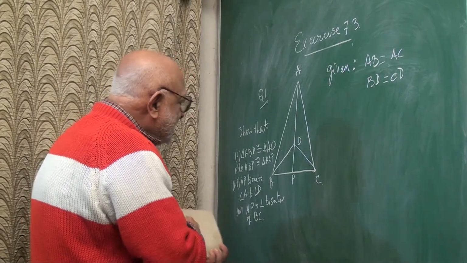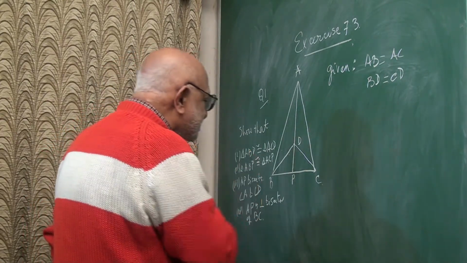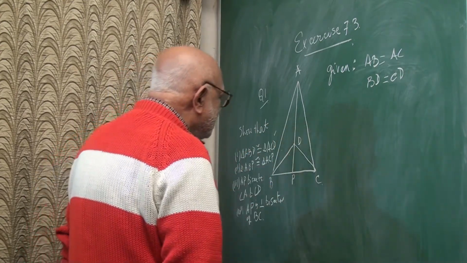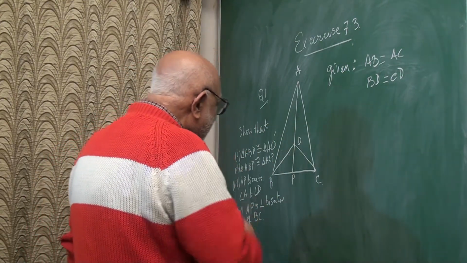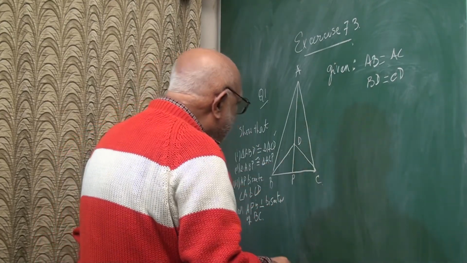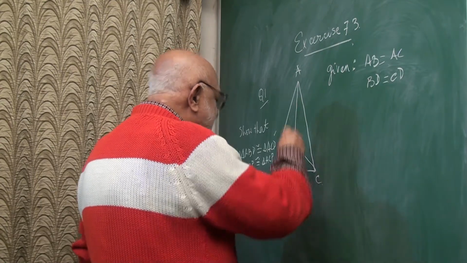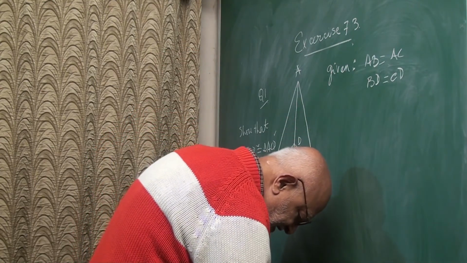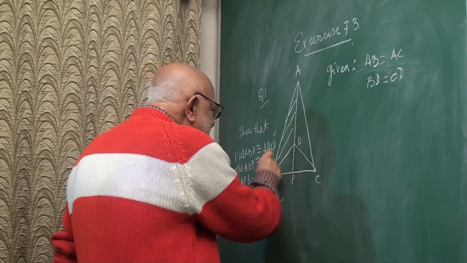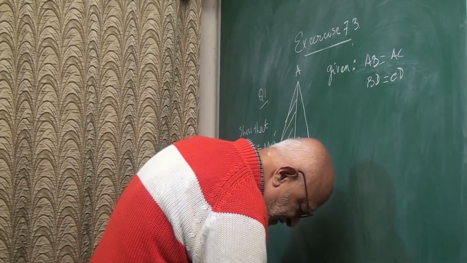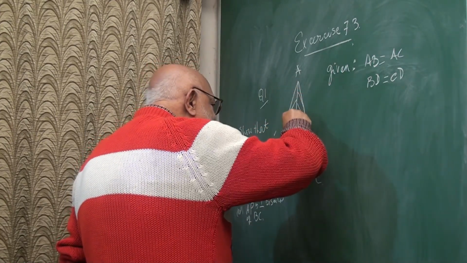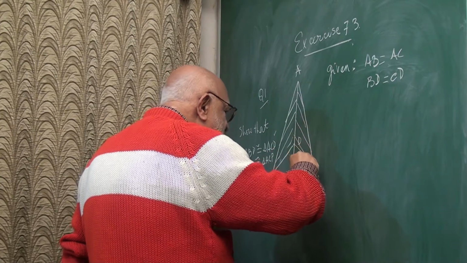How do I attack this problem? I should first concentrate on item number 1. In order to do so, let me take these two triangles, this one and the other one like this.